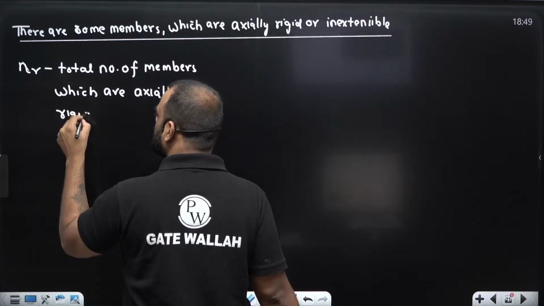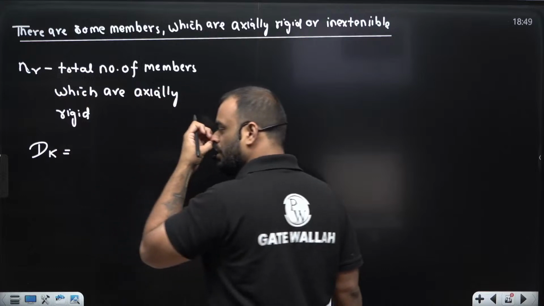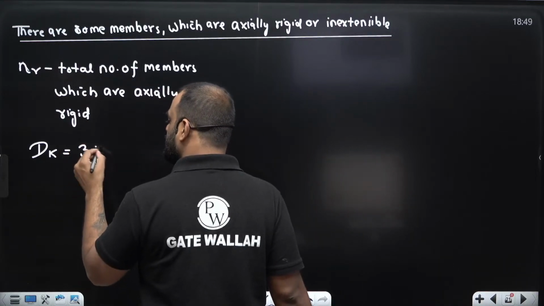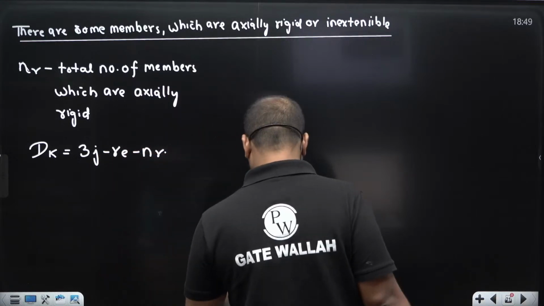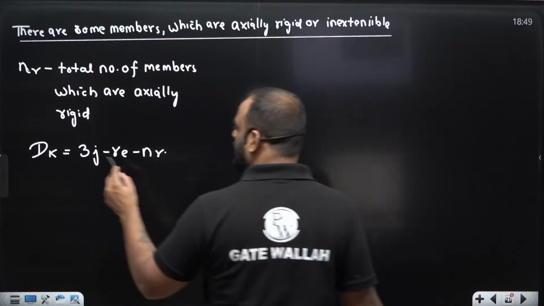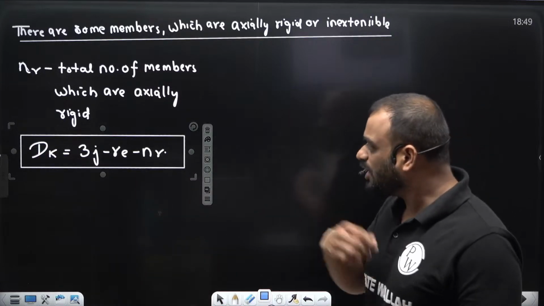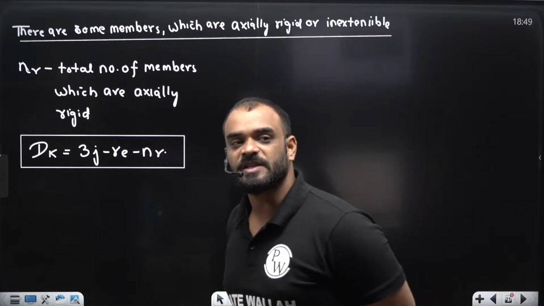We have to remove this value from our dk. Initially our dk value is 3j minus Re. Now you need to subtract nr also, so that for the members which are axially rigid and not deforming in the axial direction, you remove that displacement value from our dk.